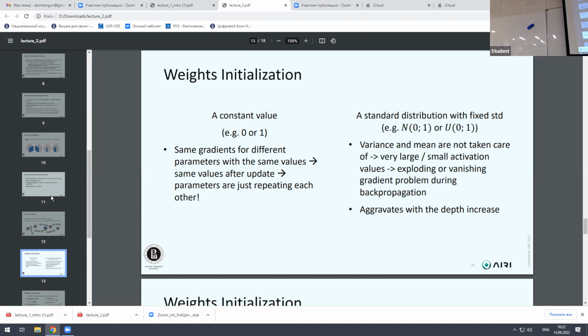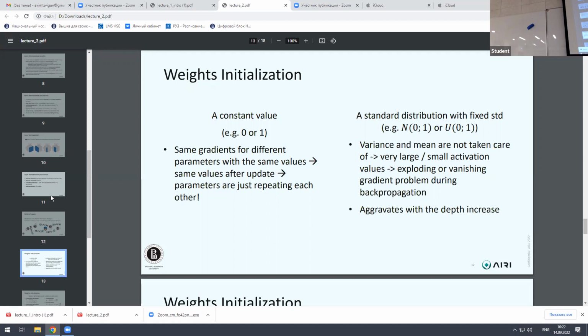That's the problem if we initialize with values which are large for our neural network. If, vice versa, we initialize with values which are too small, our gradients will vanish, so they will be too small, and as a result, again, we will not converge to the local minima. And this problem truly aggravates with depth increase.